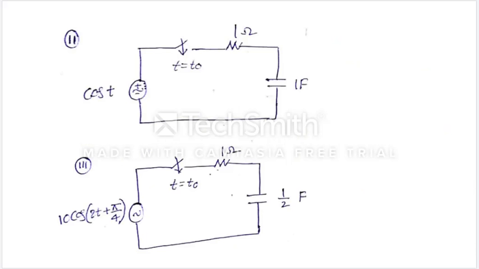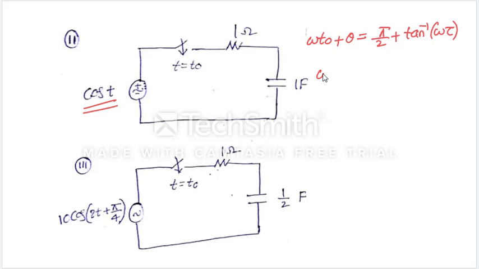4.9 milliseconds. Next, same for this one. They ask you to find the transient free response. Now the supply is a cos, then the condition is omega t naught plus theta equals pi by 2 plus tan inverse of omega tau.